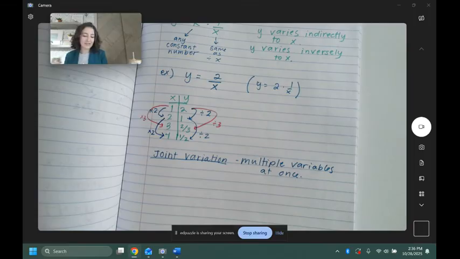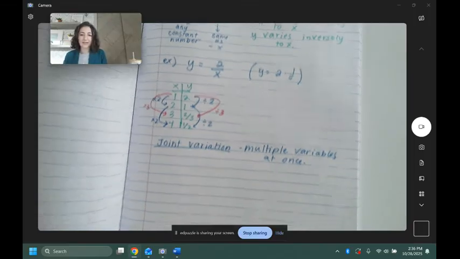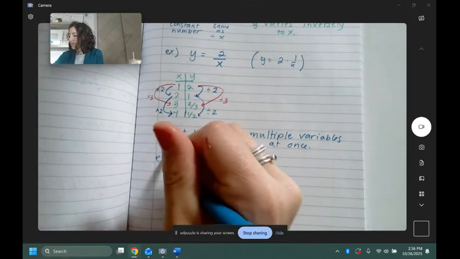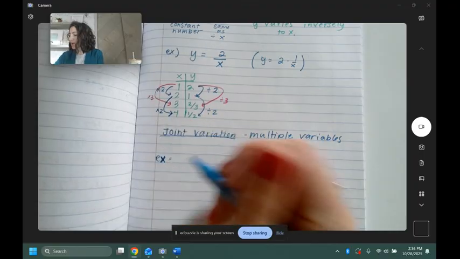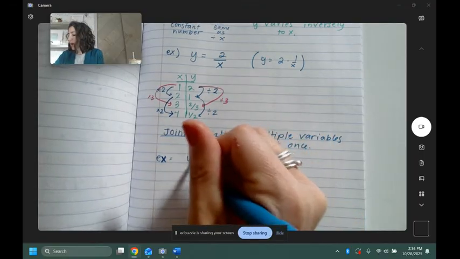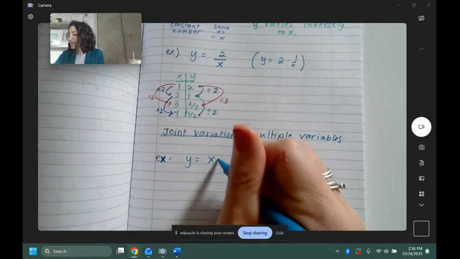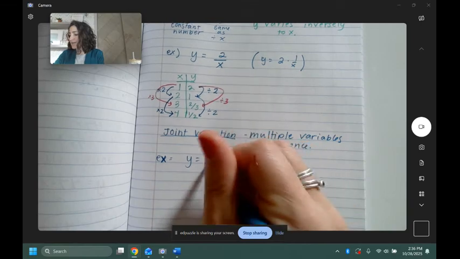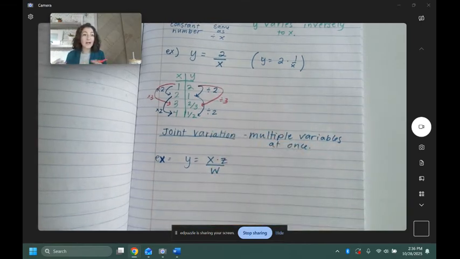So something like this might look like, for example, y equals x times z divided by w. See how there's three different variables happening on that side.